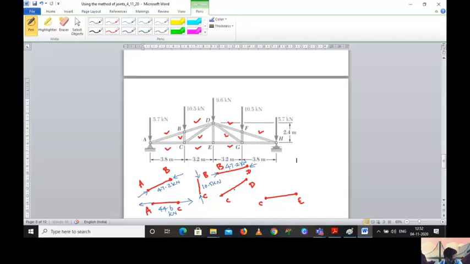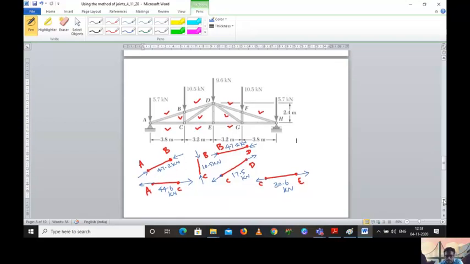CD is in tension, the value is 17.5. And CE is in tension, 30.6 kilonewton.